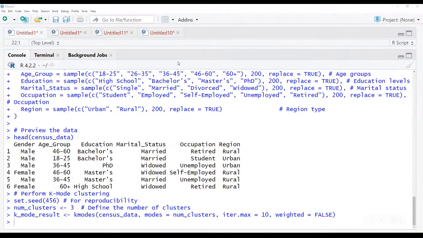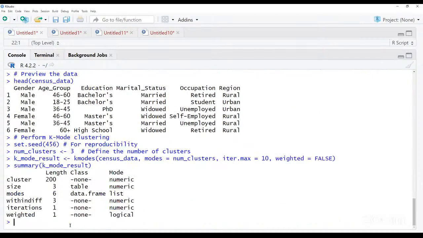So, Farah, you write down summary K-mode result. Okay, now write down K-mode result, not summary, only the K-mode result.